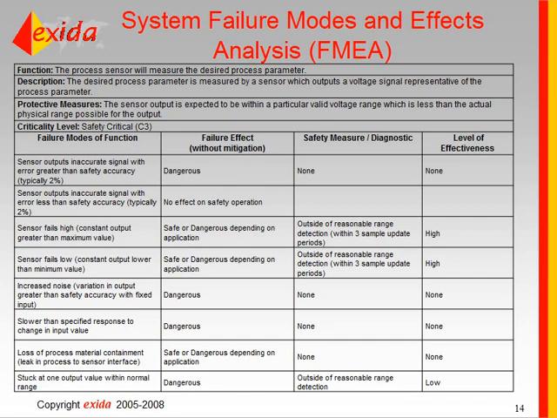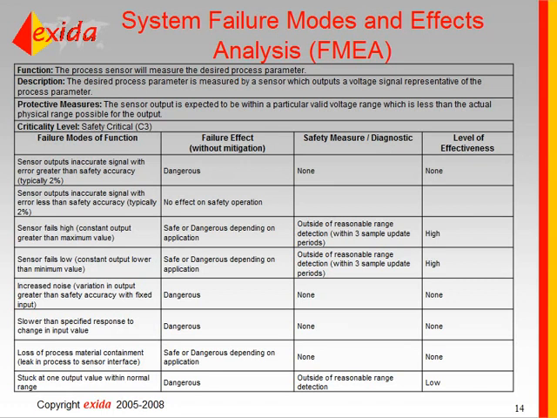So this analysis for a process sensor: what are the ways it can fail? It can have an inaccurate output greater than 2%, which is something called the safety accuracy, or less than 2%. Generally, if it's less than 2%, it's considered not to have an effect on safety. Now, that could depend on the application, but that's a general guideline.